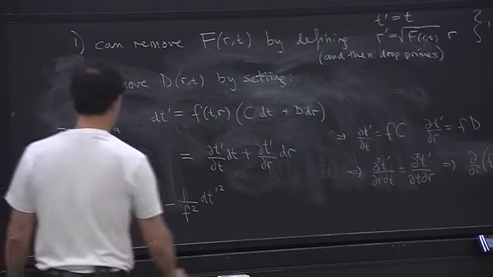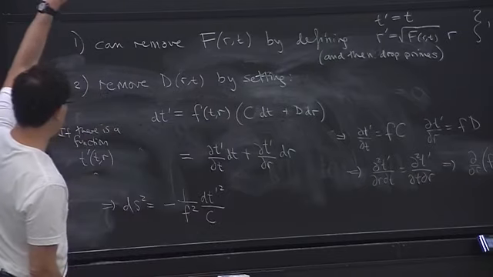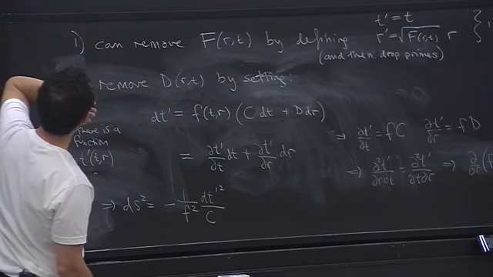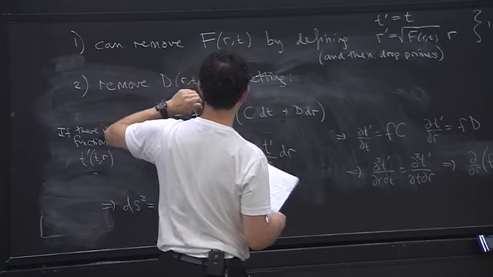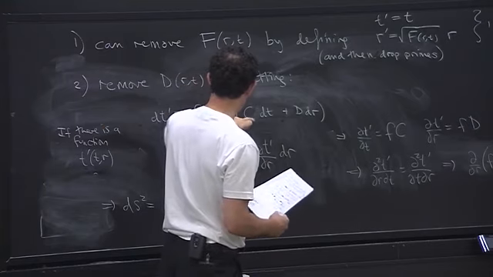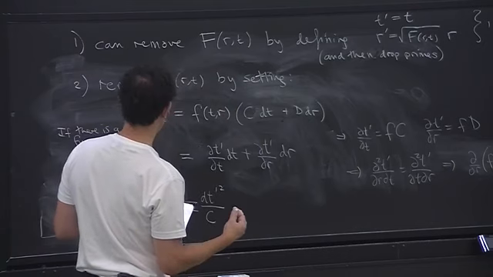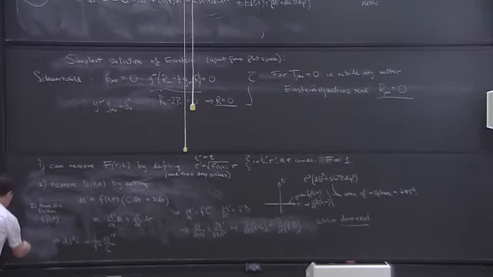I better divide it by c so that I get the right coefficient for the dt squared term. Now I'm going to get a cross term, which is, let's work this out. I hope this works.